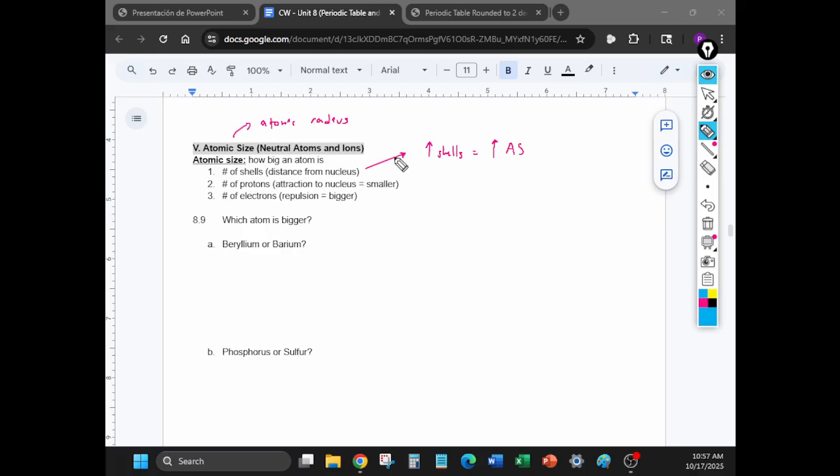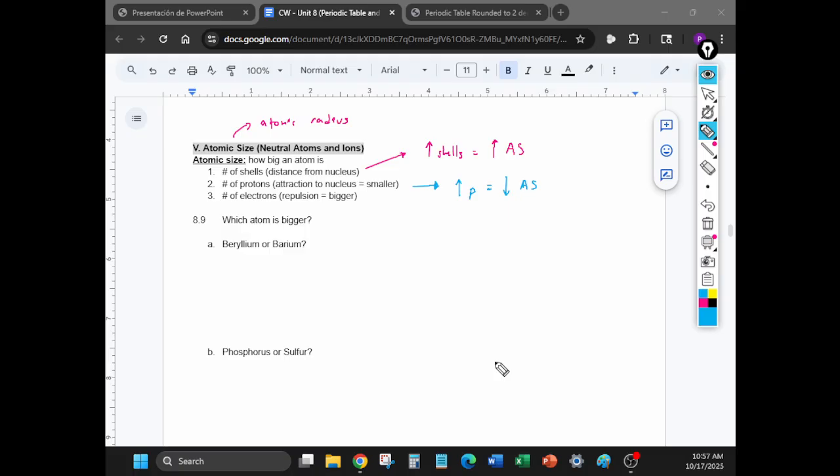All right, let's move on to the next most important thing. It's going to be the number of protons. Now, we know that protons and electrons are attracted to each other, right? So if they're attracted, they pull each other closer together, which is going to shrink the size of the atom. So the more protons there are, the smaller the atom is going to be. Now, shells is more important.